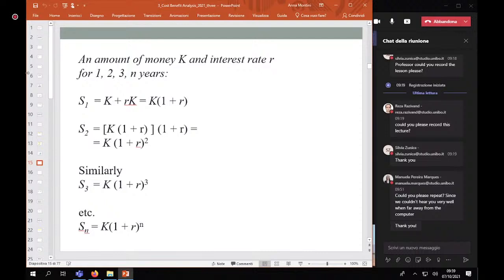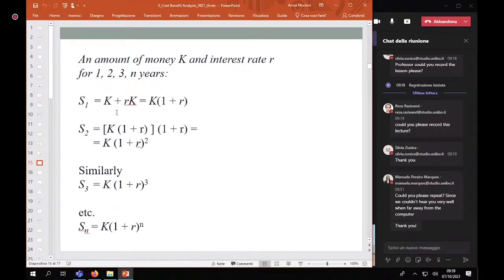This is the formula that you have to consider to calculate future values, starting from an amount of money that you have today. This is not the idea of discounting. This is the idea of compounding. So, the way to calculate future values once you have an amount of money to consider for an investment today with a particular interest rate.